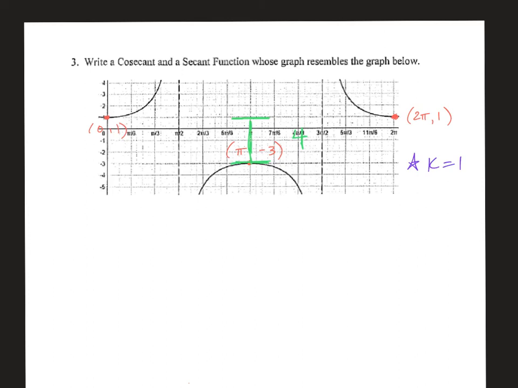On your normal cosecant or secant function, you go from a minimum of 1 to a maximum of negative 1, and so that distance is normally 2 units. What we've done is we've doubled the distance between our curves. That tells us that we've done a vertical stretch by a factor of 2, and therefore, our a value is 2.